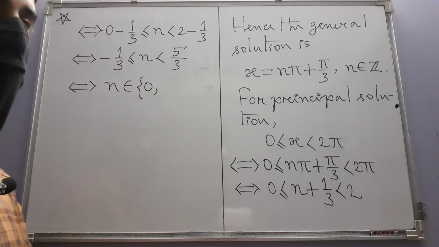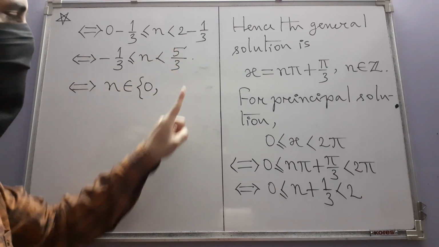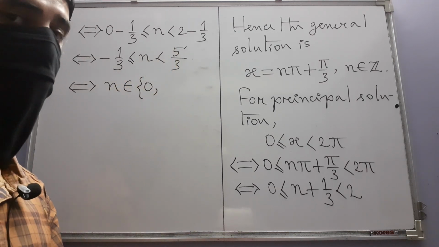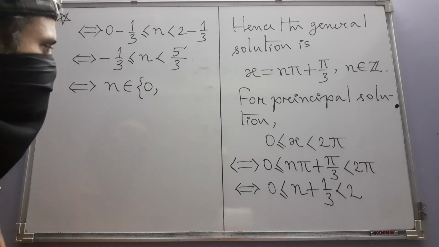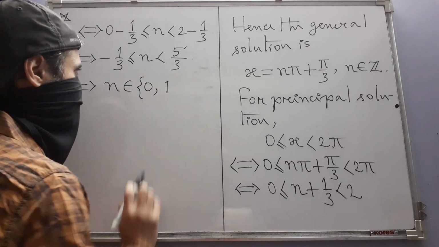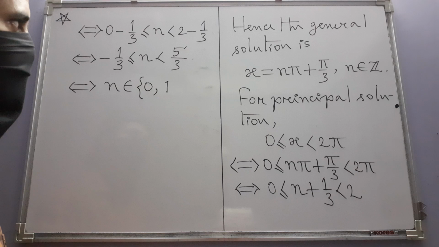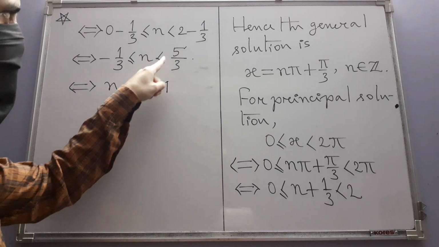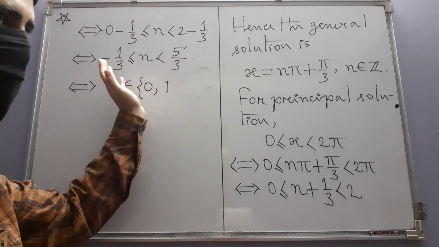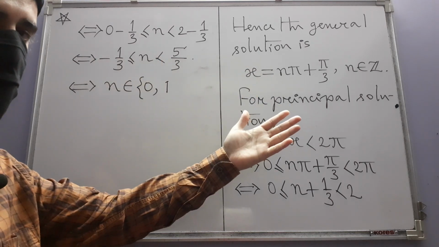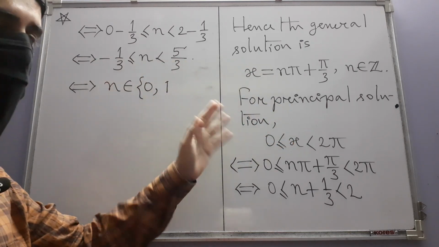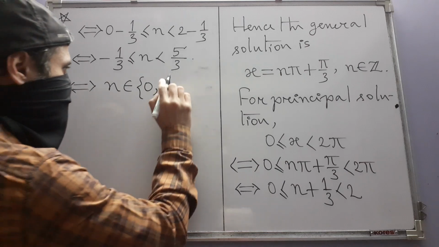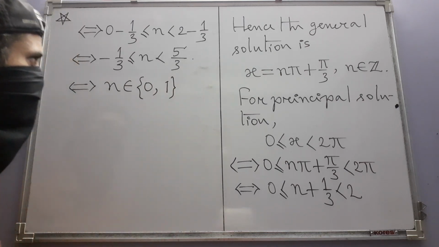N can be 1 because 1 is actually less than 5 over 3. Why? Because 3 is less than 5. Can n be 2? No. Because if you forcefully suppose that 2 is less than 5 over 3, multiplying throughout both sides by 3 will get you 6 less than 5, which is not true. So these are the two values of n.